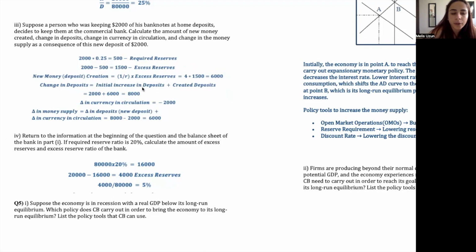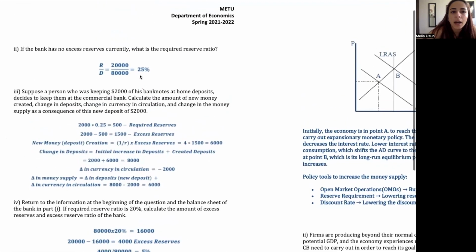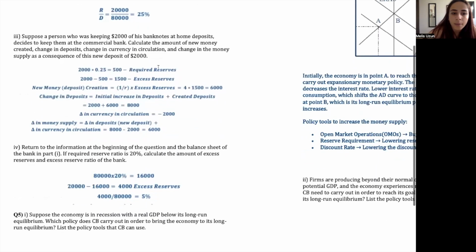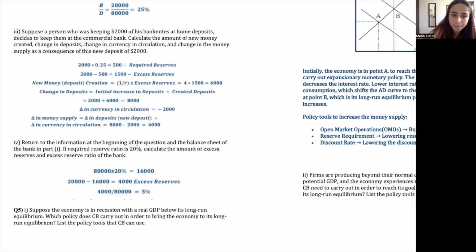Before, we found that if there are no excess reserves, the required reserve ratio was 25%. But now we have excess reserves, so it wants us to calculate the amount of excess reserves and excess reserve ratio. How do we calculate? We know our deposits are equal to 80,000, and the new reserve ratio is 20%.